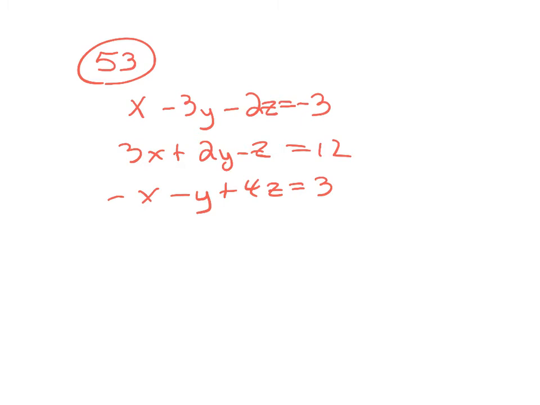Okay, so now again, you could have maybe chosen to do yours differently. I am going to use row 1. I'm going to have row 1 as my pivot again.